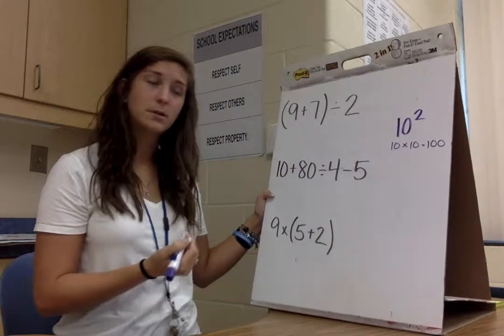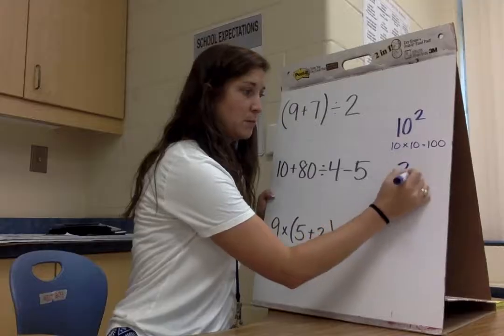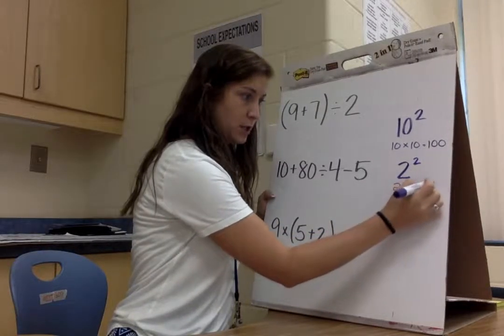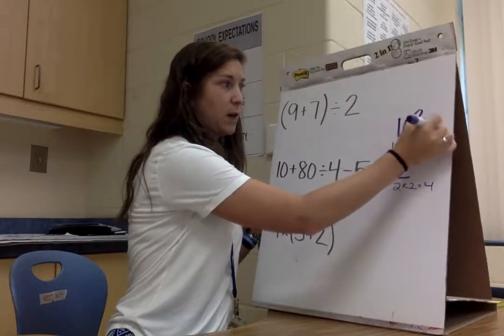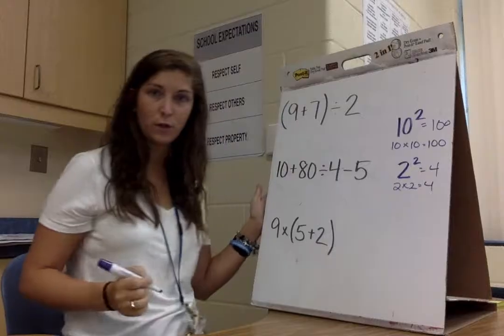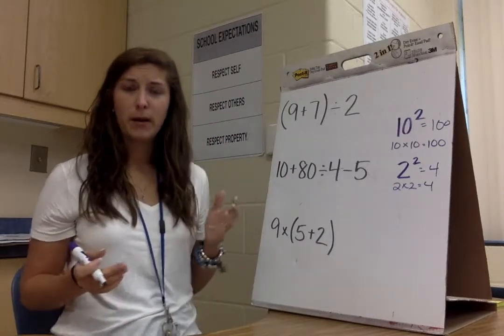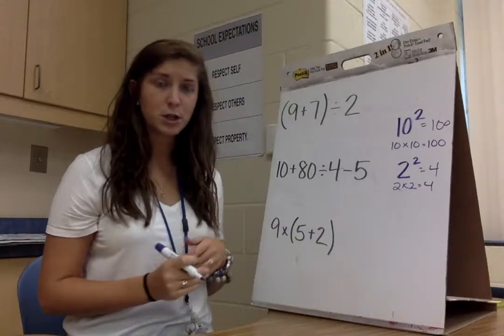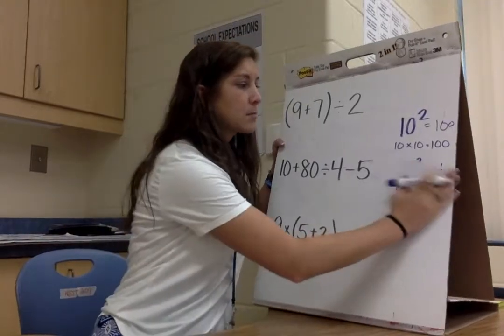I can do the same thing with 2. So 2 to the 2nd power, 2 times 2, which is 4. So 10 to the 2nd power is equivalent to 100, and 2 to the 2nd power is equivalent to 4. So that's just a little bit about exponents, which you may have seen before or you may not have seen before. It probably just depends.